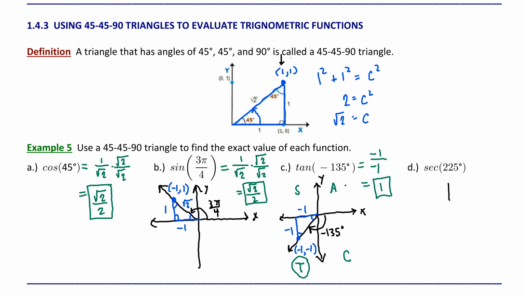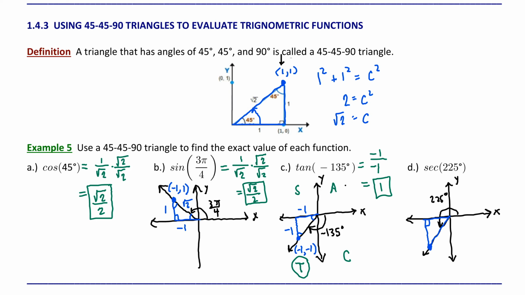Secant of 225 degrees. 225 degrees has its terminal side again in quadrant 3. So constructing 225 degrees, we can construct the same 45, 45, 90 triangle that we did in example C and fit it in this spot right here.